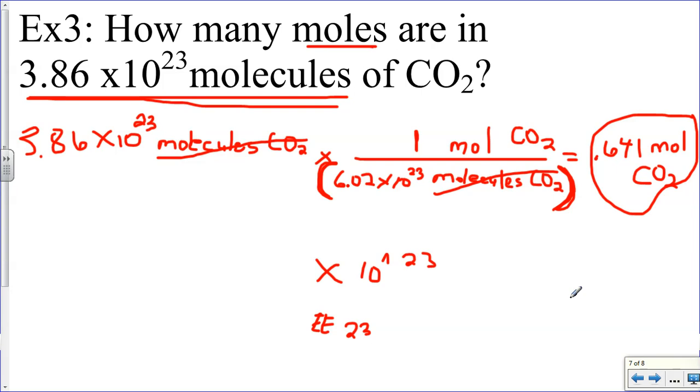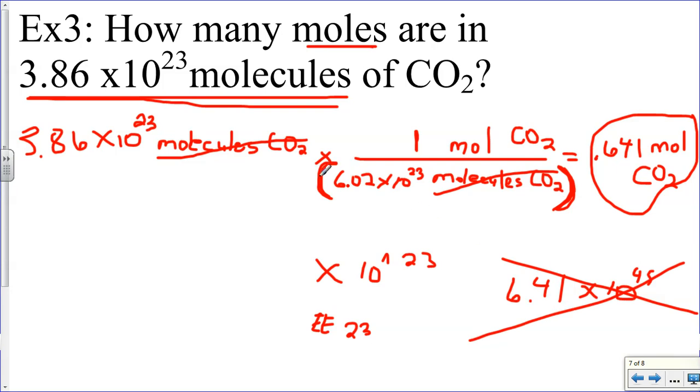Using my little times 10 to the caret 23rd power, I get 6.41 times 10 to the 45th power, which is absolutely wrong. That's why it is so important for you to use parentheses whenever you're dividing by 6.02 times 10 to the 23rd. Anything with a power in your division, you've got to use those parentheses.